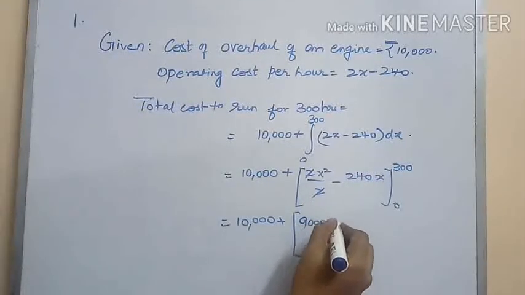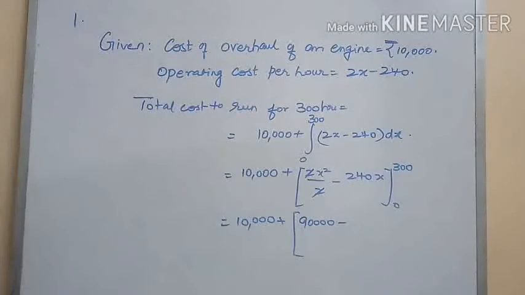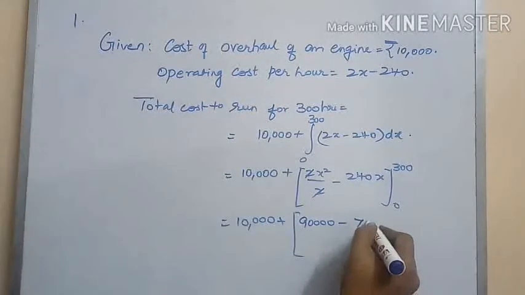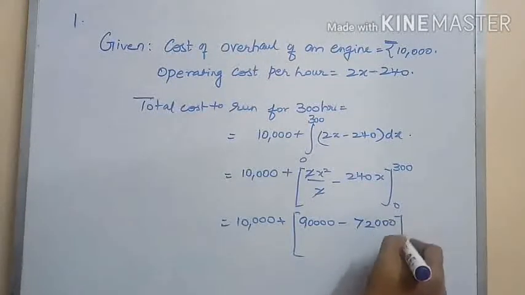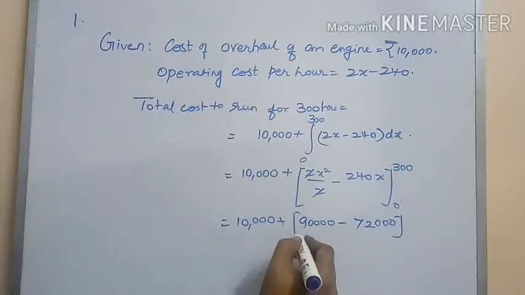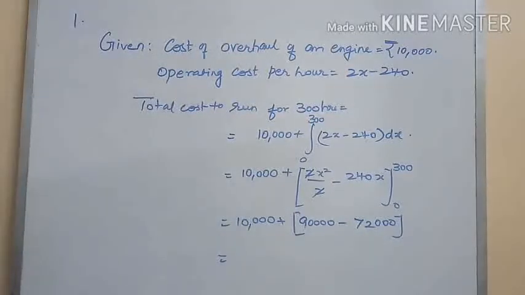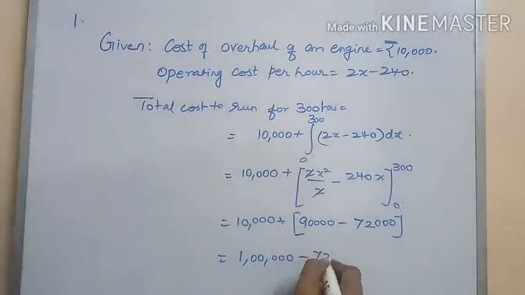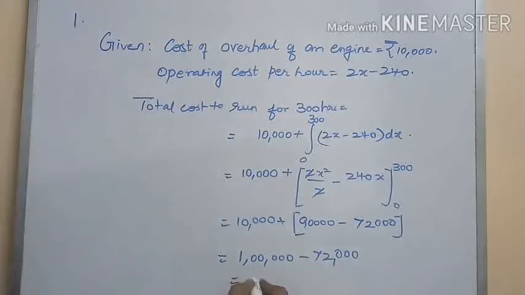So we get 10,000 plus 90,000 minus 72,000, which is equal to 1 lakh minus 72,000, which is equal to rupees 28,000. So this is the total cost.